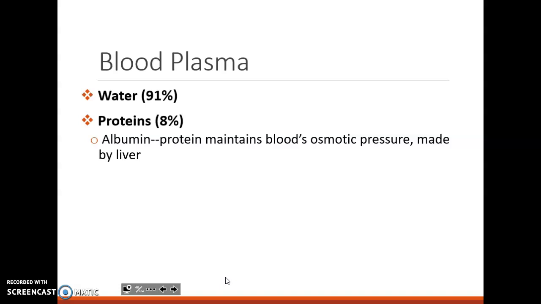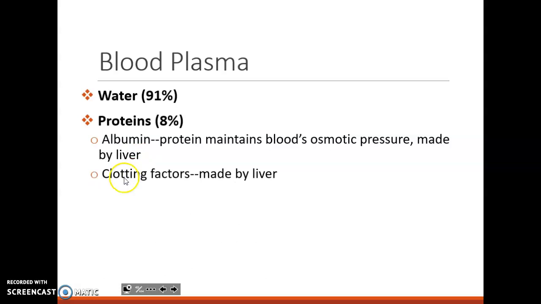You have albumin, and this is important for maintaining your body's osmotic pressure. So we know that osmotic pressure is important because that's what draws the liquid back into your capillaries so that you still have blood, instead of all the liquid going out into the tissues. So these act like solutes that will draw the water back in to equalize it.